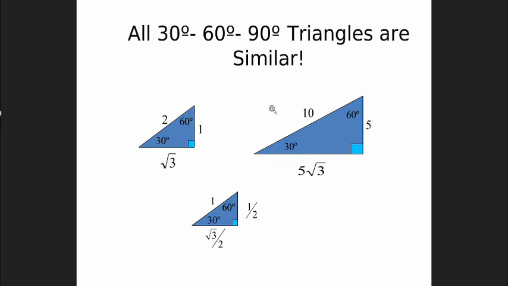Okay, let me erase some numbers first. I'm going to pretend that this time I don't know the angle. I'm going to be looking for him. And I don't know this side. Now, which angle would you like to look from?